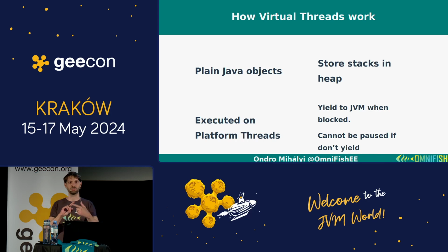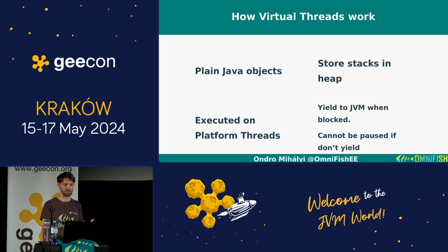So it's basically just when one thread is done with something or is going to block on an IO call, then it tells the Java Virtual Machine to move it away from the underlying platform thread. And then the virtual machine instructs another virtual thread to run on this specific thread that is now free.